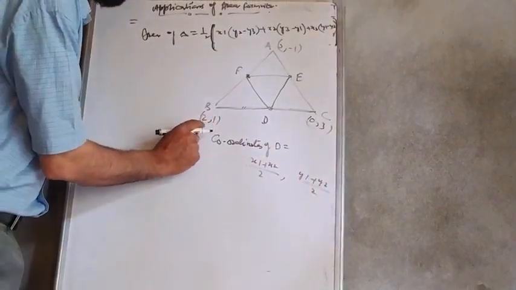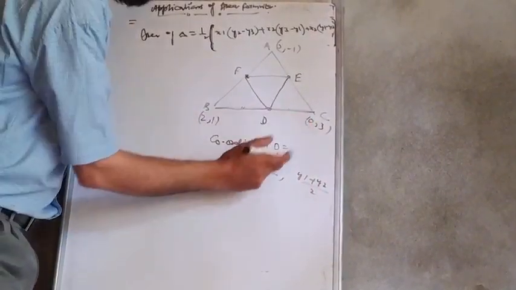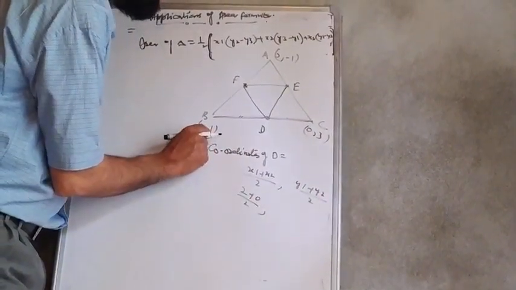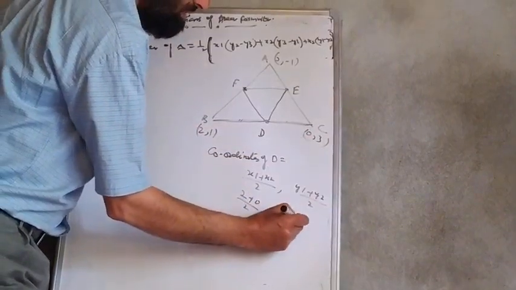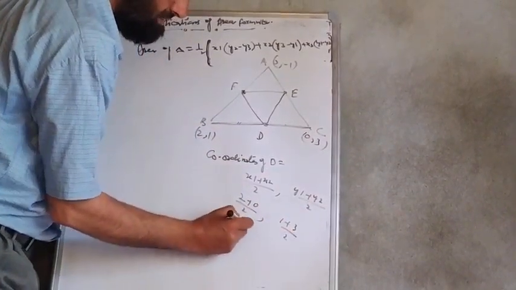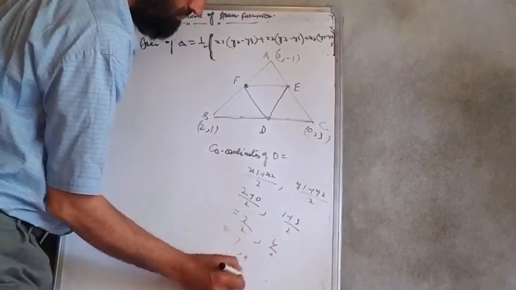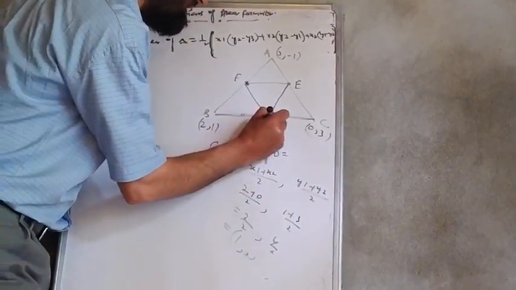Simply, x coordinate is here 2 plus 0 by 2, and y coordinate is 1 plus 3 divided by 2, that is 2 divided by 2 and 4 divided by 2, obviously this is 1 and 2, so D has coordinates (1, 2).